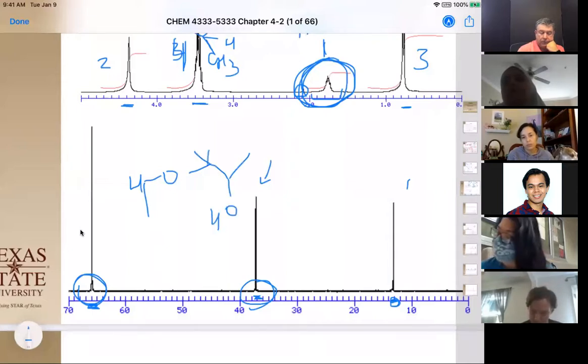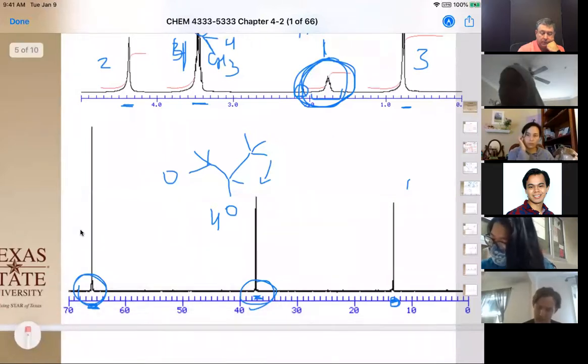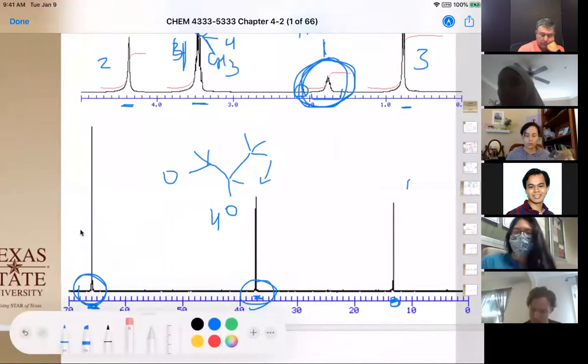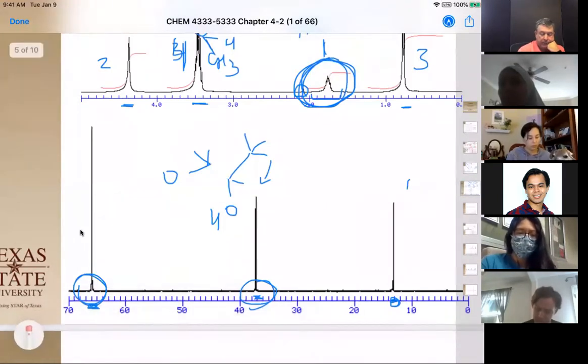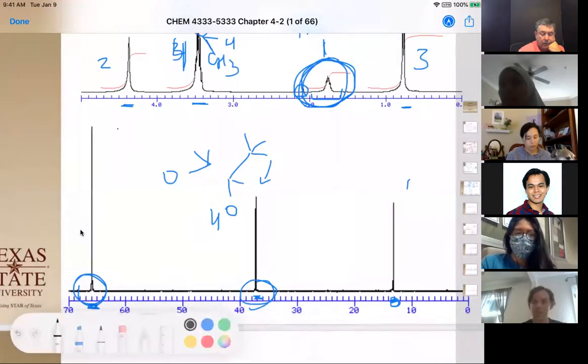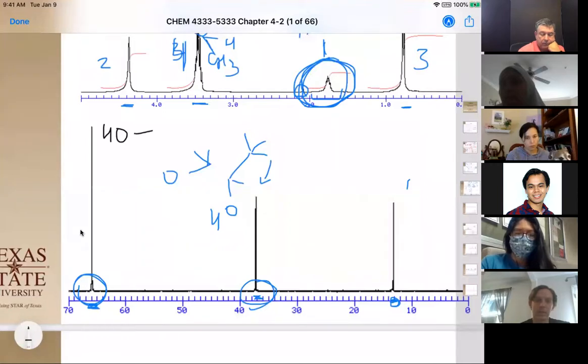So we have 1, 2, 3, 4, 5, 6. And we need another carbon. Oh, here we go. If we put another carbon in here. So let's start with an alcohol at one end, OH, there, there, there, and then there and there.